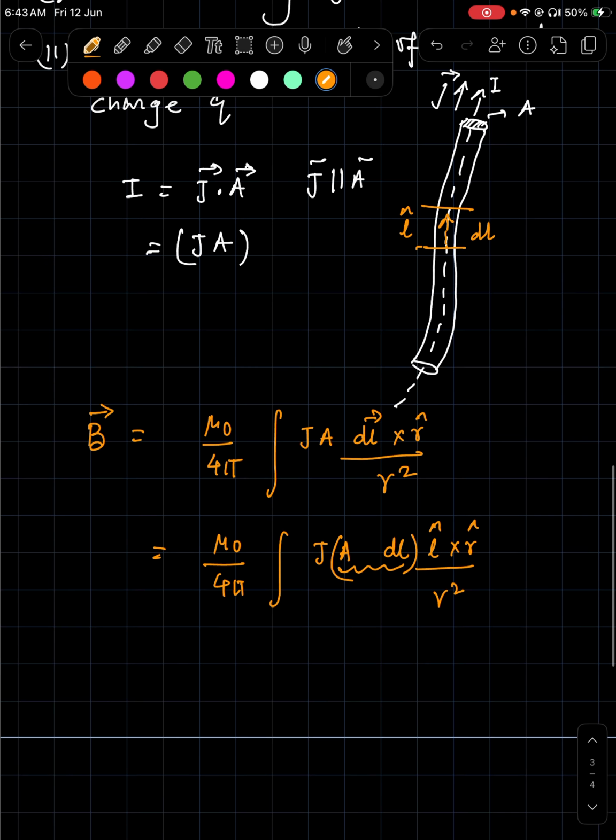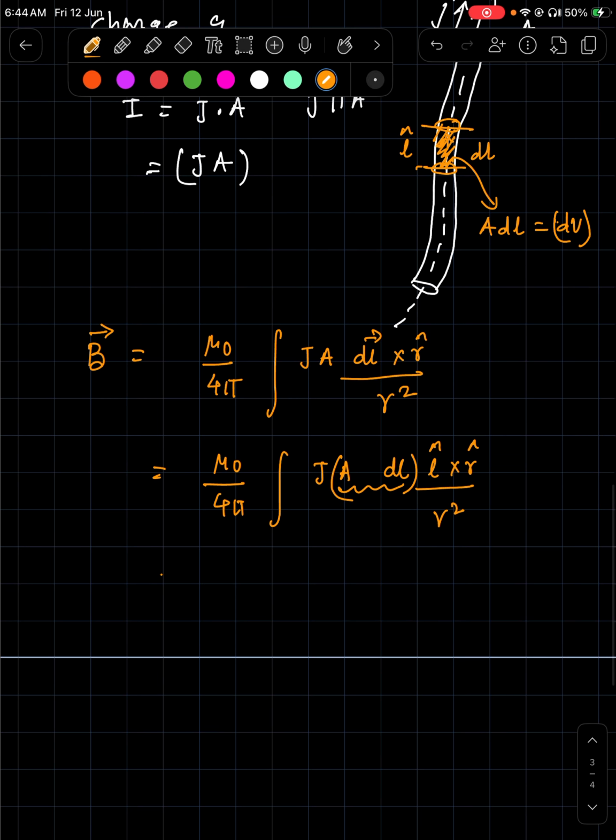A is the cross-sectional area and dl is the length, so A dl gives the volume of this line element, that is the elementary volume dV. So it becomes mu naught by 4 pi J dV l cap cross r cap by r square.